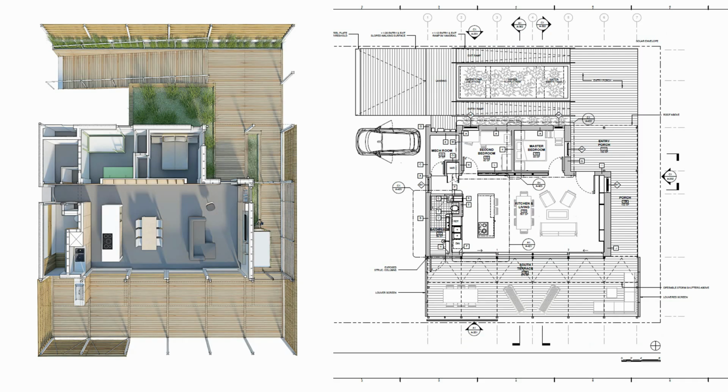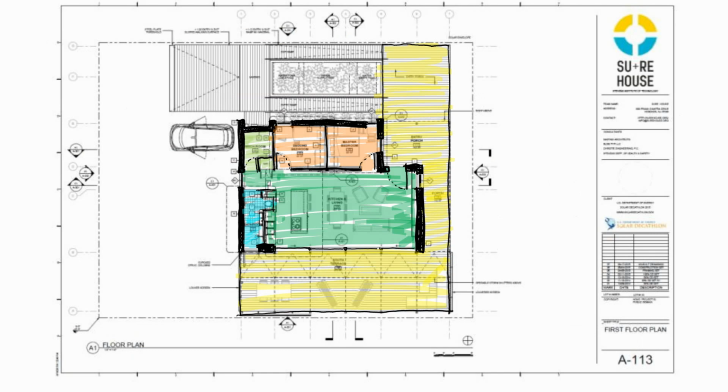For the SURE house, you have to build a building that's 1,000 square feet or less. We designed a beach bungalow, 2-bedroom, 1 bathroom, with an open living room and kitchen area. The basic idea is that the north side, the top of this drawing, is the entrance on the street. The bedrooms protect the green area, which is the public space, from the street.